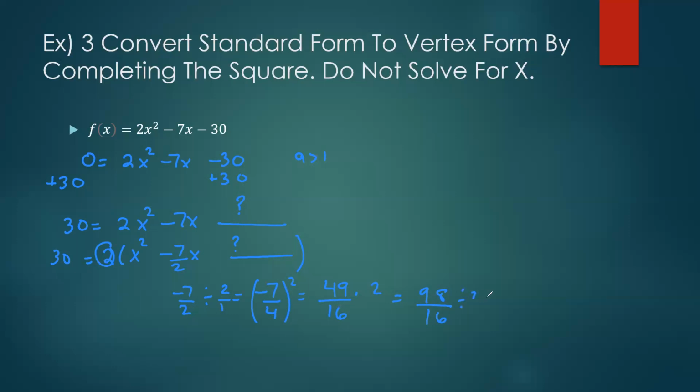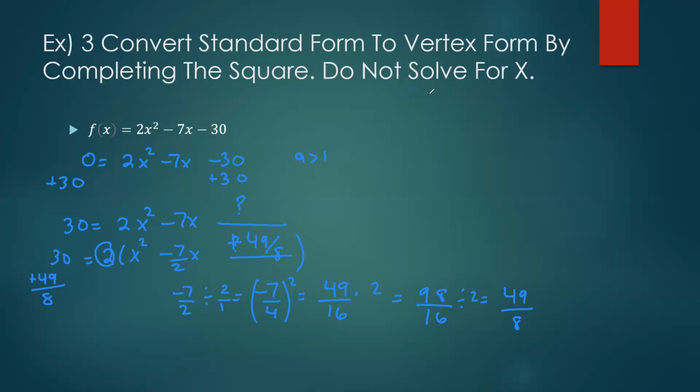Yeah, I think so. It could be reduced by 2. That's 49 over 8. I don't think it could be reduced anymore, so you're going to add 49 over 8, add 49 over 8.